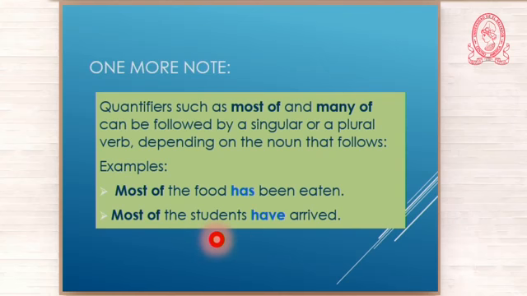Students is a count noun in the plural form. Then the verb has to be plural. Okay? So let us remember, after most of, you can have a singular or plural, depending on the noun that follows most of. You have food, singular, then you have singular. You have students, plural, then you have plural.